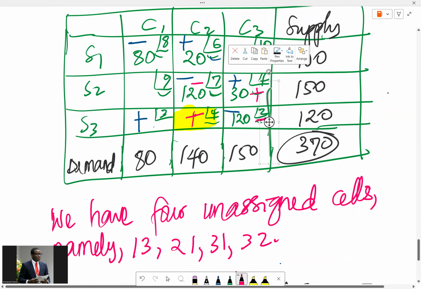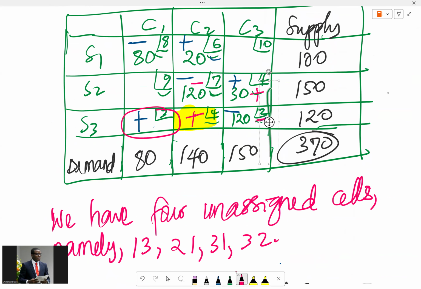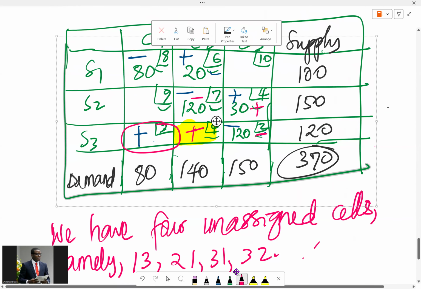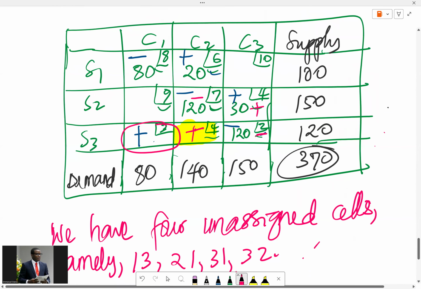We have to focus on this particular cell because it's giving us the most negative. So now we are going to add, so what can we add, right? You see, supplier 3 is willing to give 120 and consumer 1 is willing to take 80. So we can assign the whole 80.